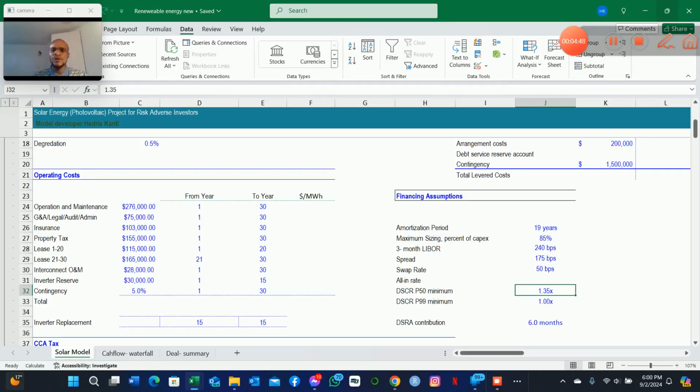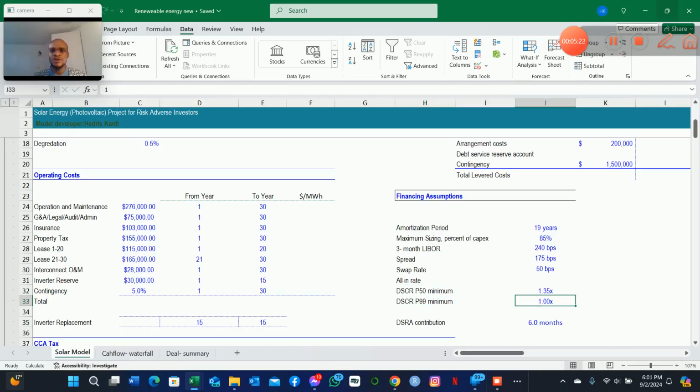That is to say that your EBITDA, or your earnings before interest, taxes, depreciation, amortization, needs to be 1.3 times the principal and the interest you're required to pay down on this particular debt. And also for the P99, it states that your EBITDA generated as a result of this production, because remember, the P99 and the P50 is our energy production, that is our annual energy production.